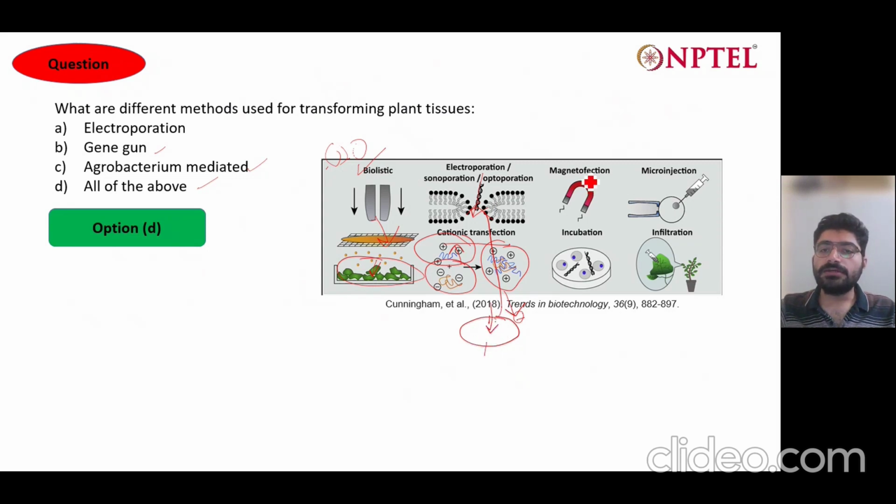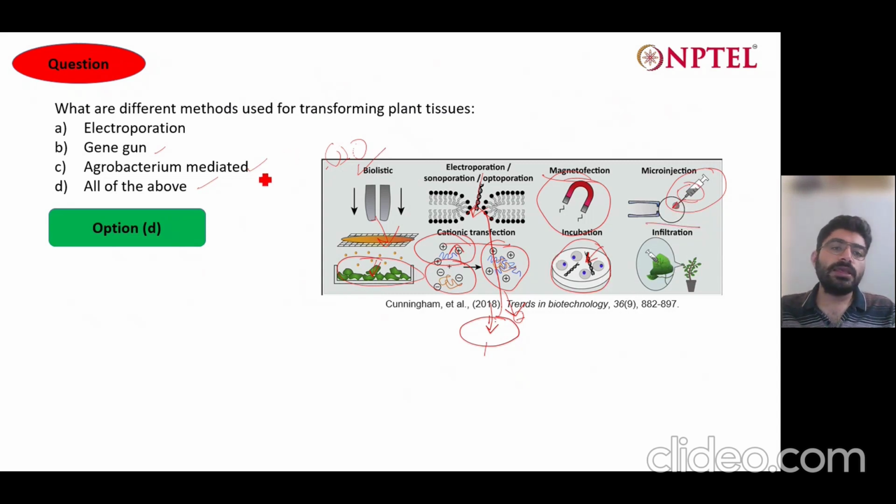And the DNA will enter into the cells. In the case of magnetofection, we use a magnetic field to create the pores, and then incubation with the beads also helps in creation of pores, and that helps the DNA enter the cell wall. And then microinjection. We use a capillary needle or an injection, and using this we inject the DNA that needs to be inserted into the plant genome directly into the nucleus by holding a single cell under the microscope.